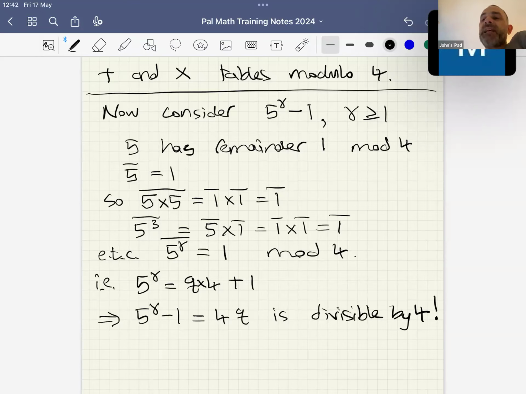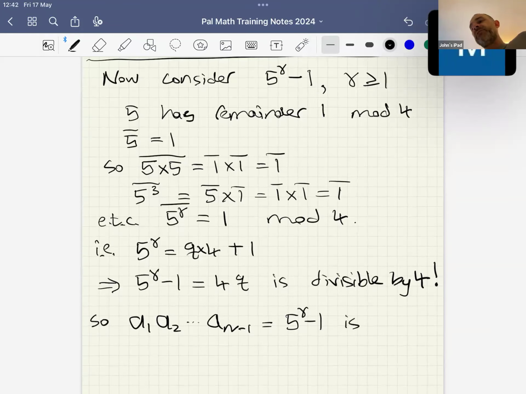Okay, so remember what we had is A1 times A2 times up to AN minus 1 is 5 to the gamma minus 1, is divisible by 4.